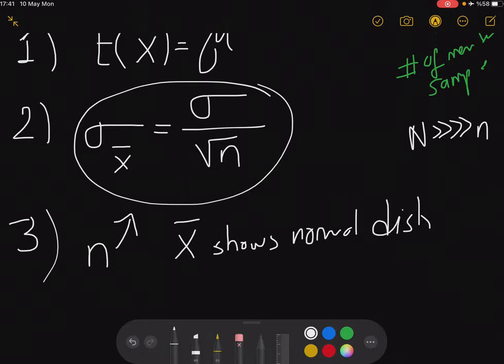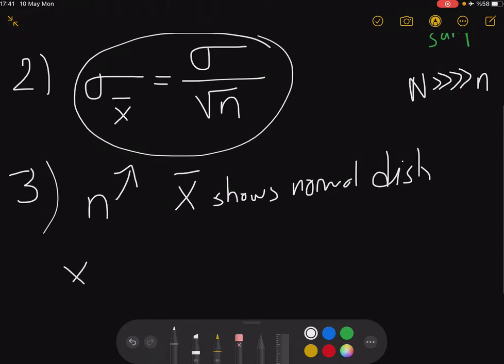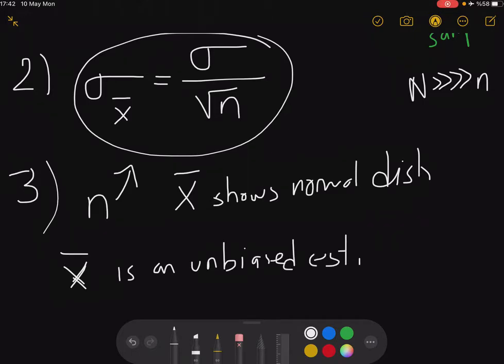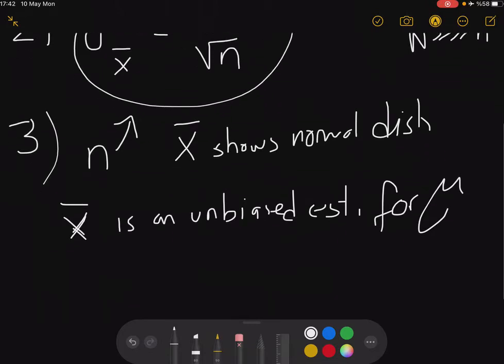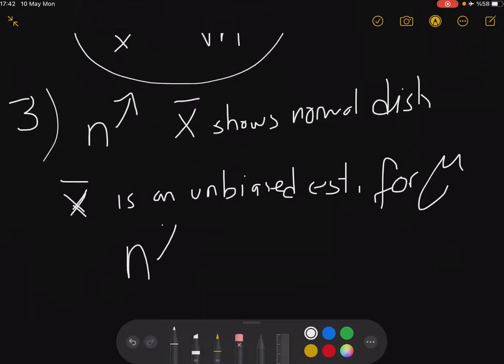That means x hat is an unbiased estimator for mu. That's the idea. So whenever your n increases, samples increase, your variance or standard deviation will decrease.